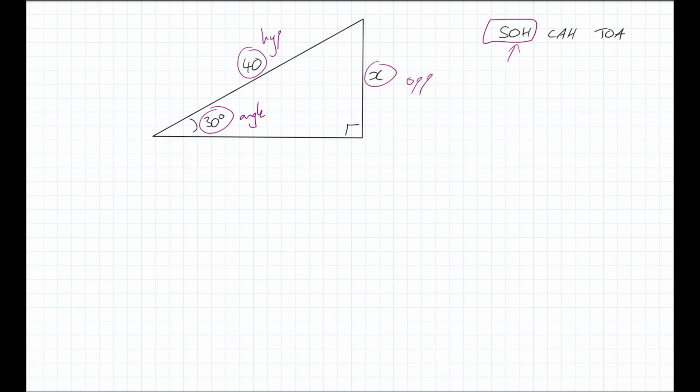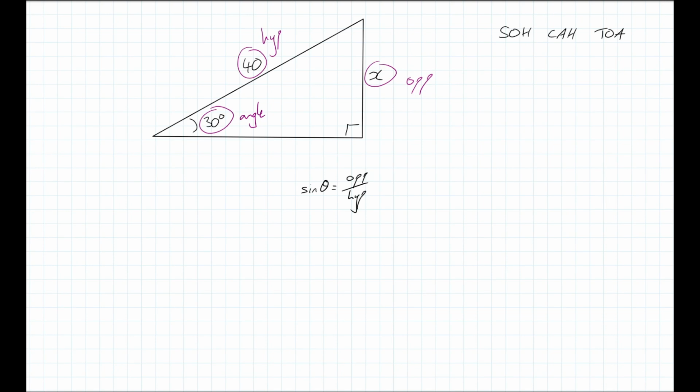All right, let's write out the sine ratio equation. The general form is that sine of the angle is equal to the opposite over hypotenuse. Again, that comes from SO in SOHCAHTOA, and the fact that the O comes first lets you know that O, or opposite, goes on top of the fraction and hypotenuse goes on the bottom.